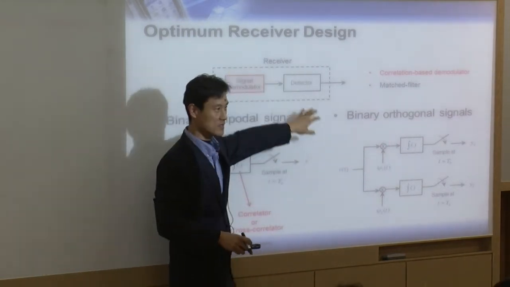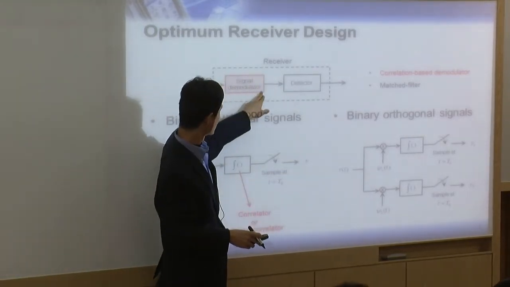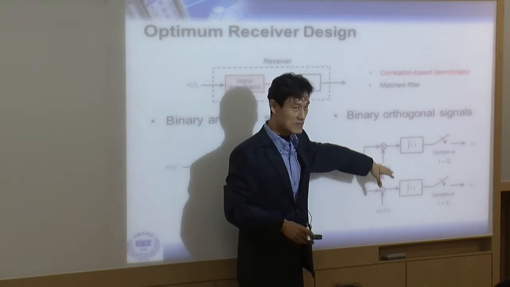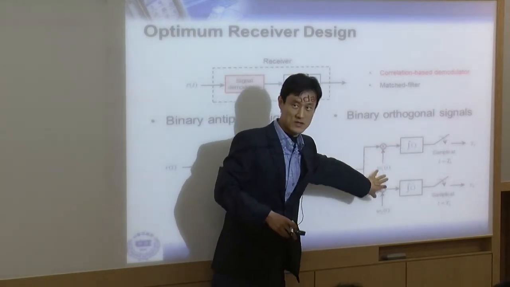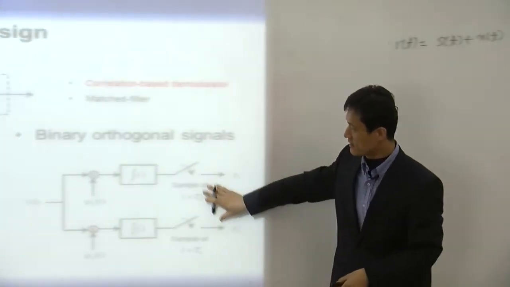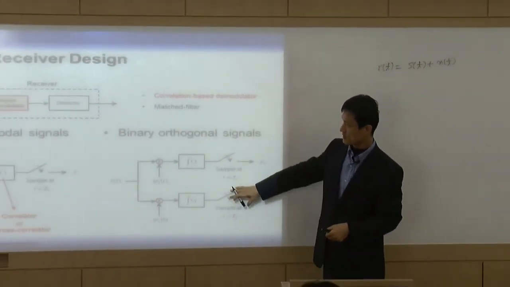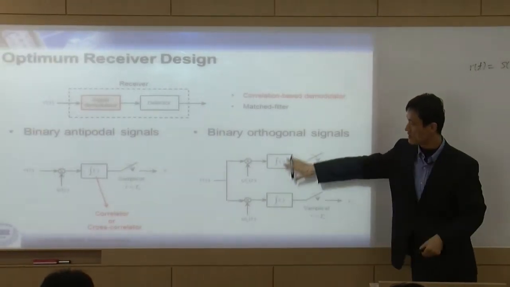The red one and this one are the same. This picture is a little bit more detail of the red box. So inside the red box, we have these things.